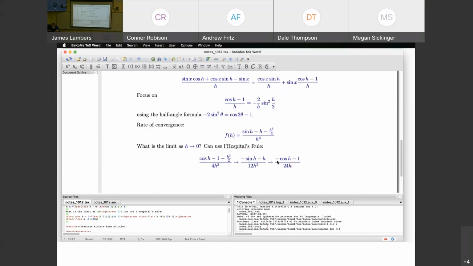Yes, because to get from here to here I differentiated twice. The second derivative of cosine has to be minus cosine. Yes, it's two steps. That's fine.